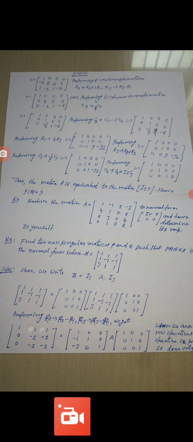You have to reduce it into normal form and then find the rank of this matrix. Okay, this is the problem, do it yourself. If you find any problem, then discuss with me.